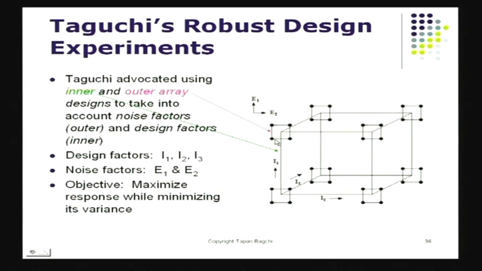The outer array brings in noise, also in a controlled way. In this particular example, we've got 2 noise factors, E1 and E2, the environmental factors. If they are at 2 levels each, I'm able to generate a little square, a tiny matrix that will try to shake this prototype. The same matrix I'll be using here.